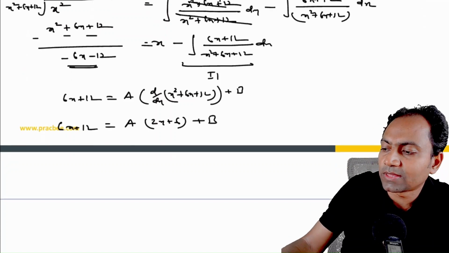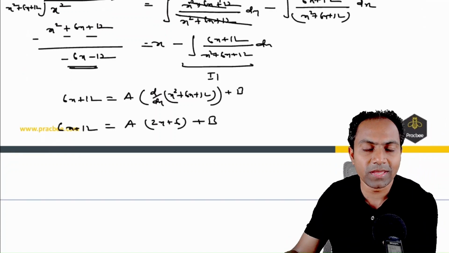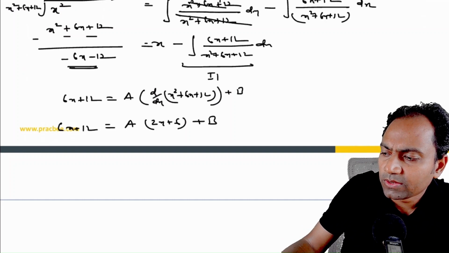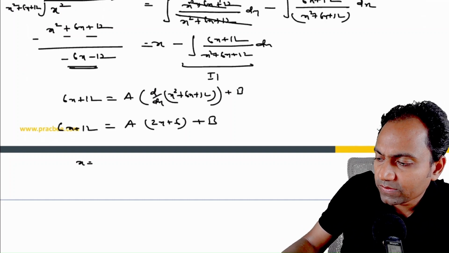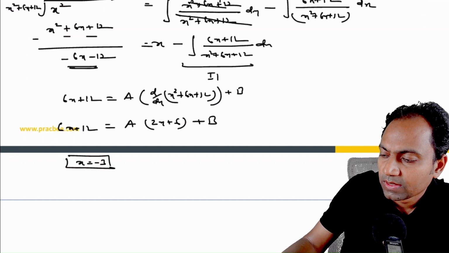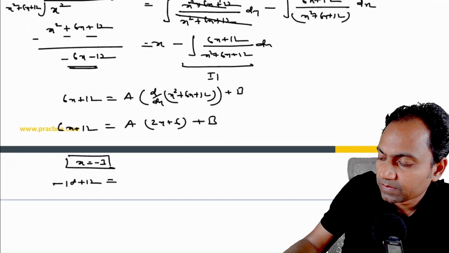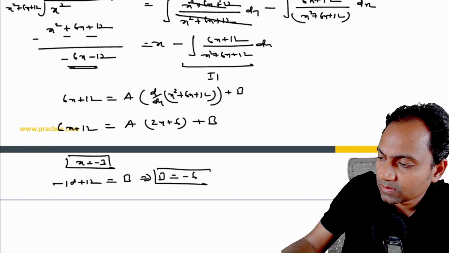Now either we can compare and find the values of a and b, or we can substitute values. So I can put the value of x as minus 3. If I do so, this becomes minus 18 plus 12 is equal to b, so the value of b comes out to be minus 6.